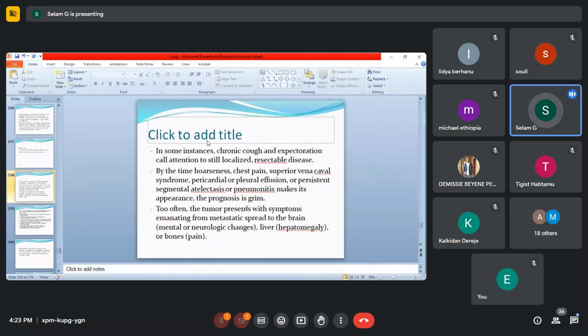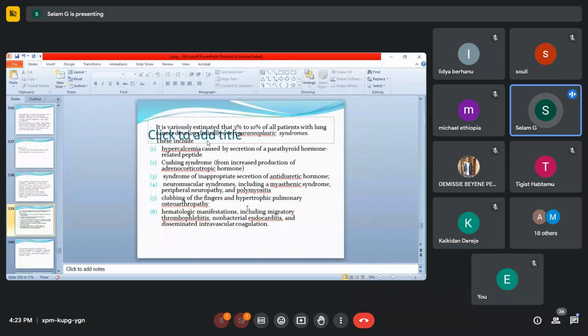Too often, the tumor presents with symptoms emanating from metastasis, like spread to the brain, causing mental or neural changes, metastasis to the liver, leading to hepatomegaly, or metastasis to the bones, leading to pain and pathologic fractures.